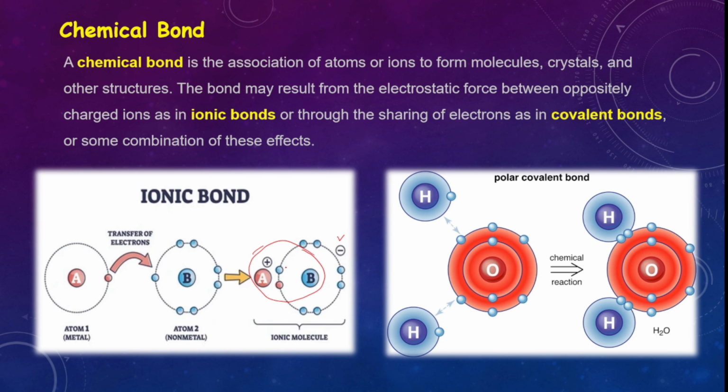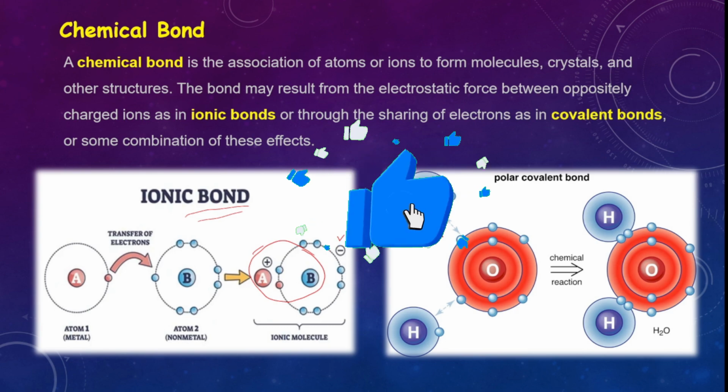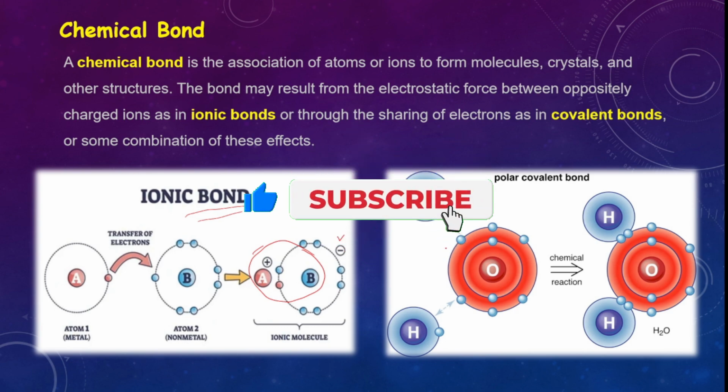Such a bond formed by gaining or losing of electrons is known as an ionic bond. The bond between ions is an ionic bond. Another type of bond is where no atom gains or loses electrons, but they share the electrons with each other, thus forming a compound. The best example is water. We know that hydrogen needs one more electron to become stable, and oxygen needs 2 electrons to become stable.